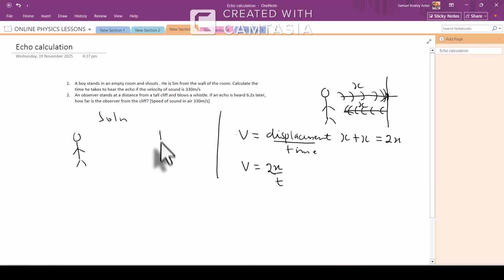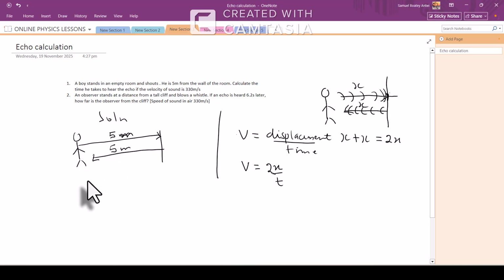Since it's an empty room, obviously there's going to be an echo. So this distance is 5 meters from the wall, and the sound will obviously come back again another 5 meters. So the sound is heard as echo.